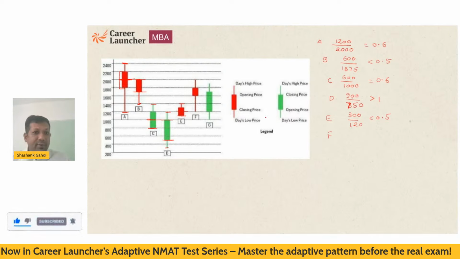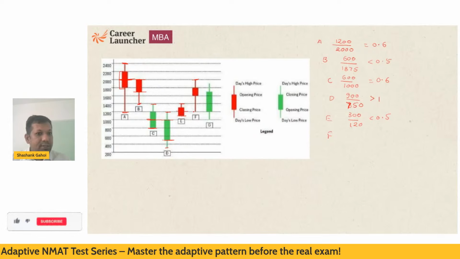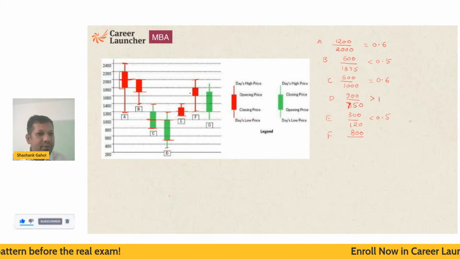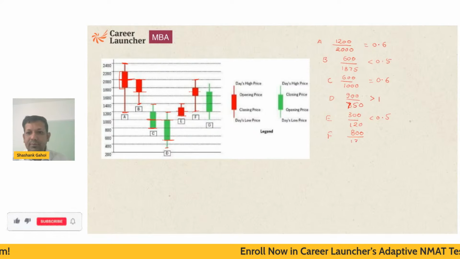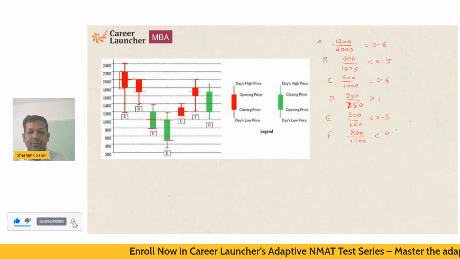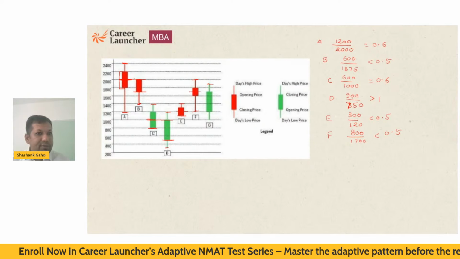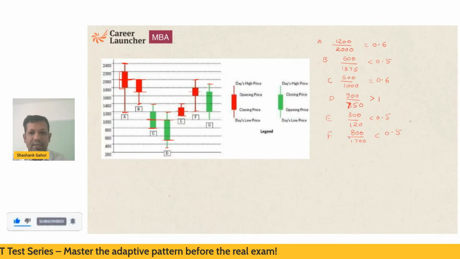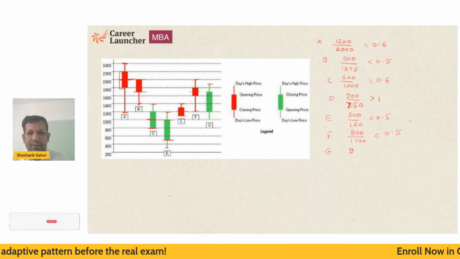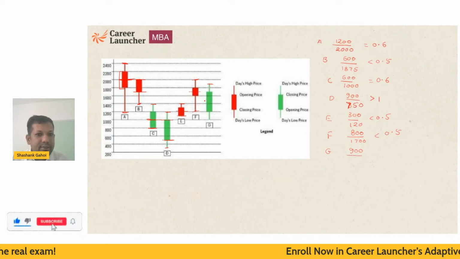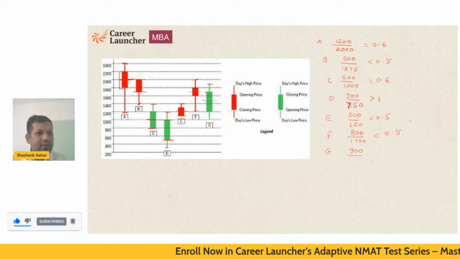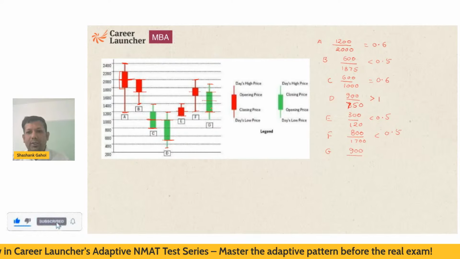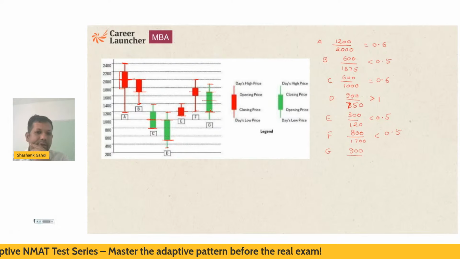For F, the difference is 2000 minus 1200, that is 800, divided by the average price 1700, which is definitely less than 0.5. For G, the difference is 1900 minus 1000, that is 900, divided by the average price, 1700 and 1200 gives 2900, so 1450.